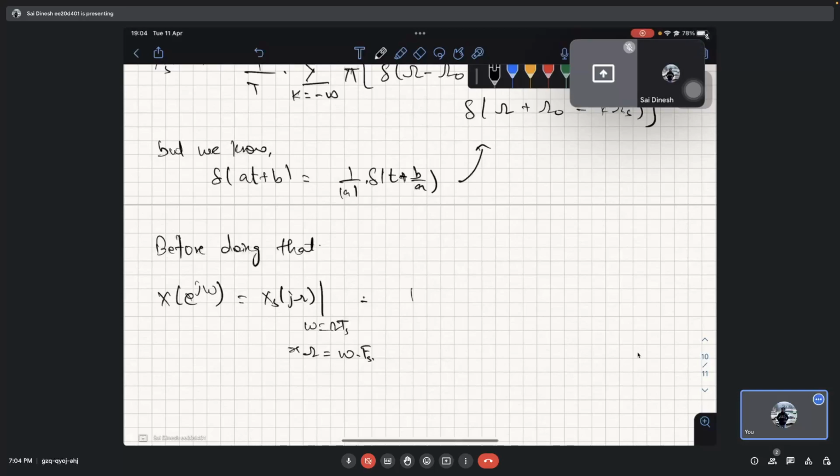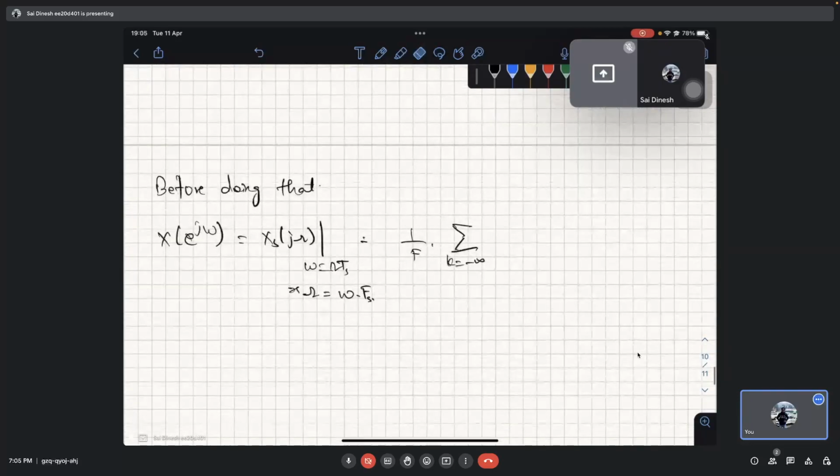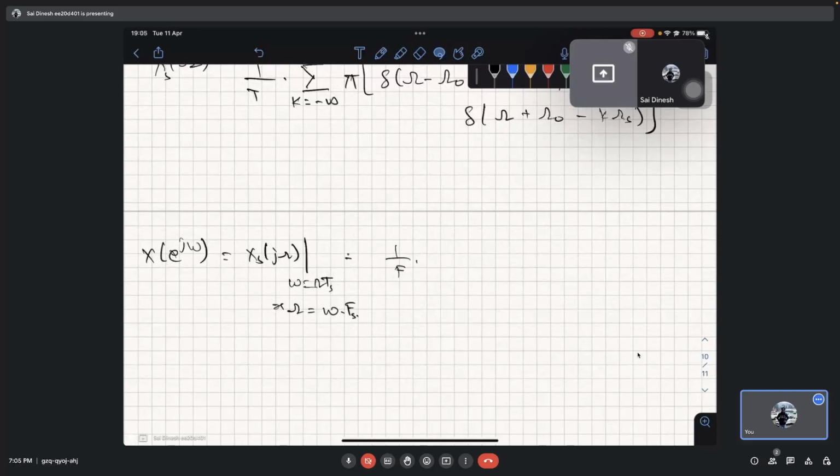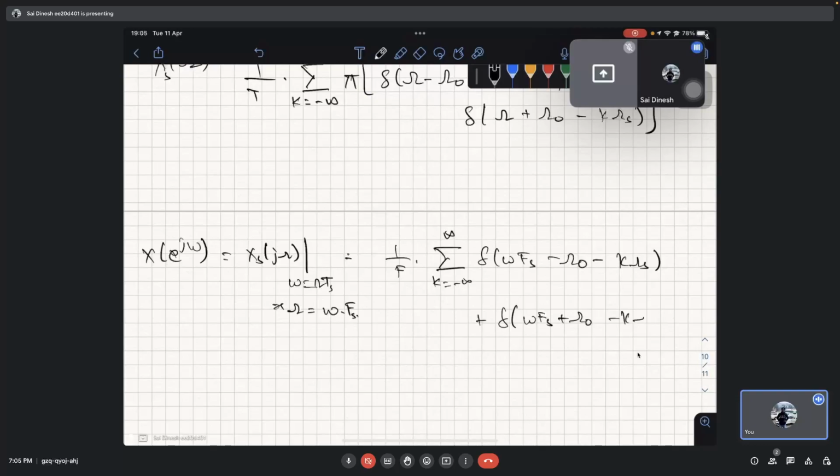So this is equal to 1 by Ts, sum over k from minus infinity to infinity of delta of omega fs minus omega naught minus k omega s plus delta of omega fs plus omega naught minus k omega s.